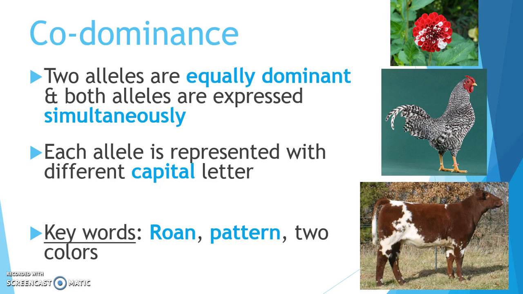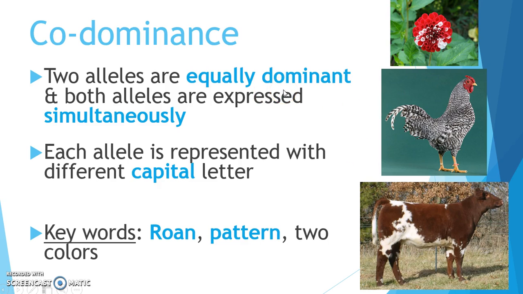Now, to represent the fact that this is a non-Mendelian problem, we have to assign each allele its own individual capital letter. The reason that we're using two different capital letters is because they're both dominant.